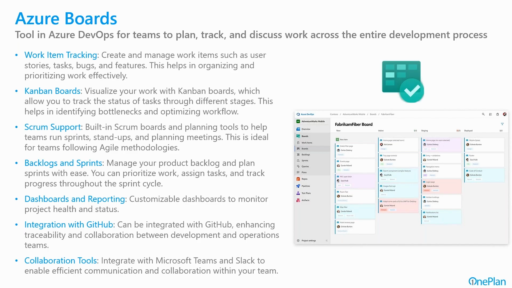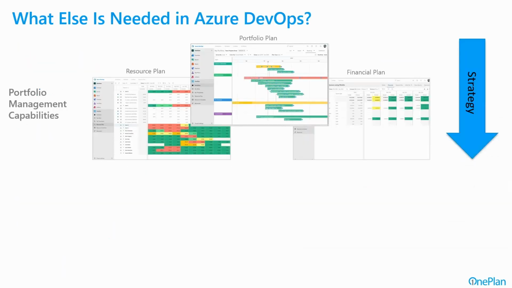So this is all great stuff, but Azure DevOps and Azure Boards stop at a certain point. This is great for individual teams and individual projects that you're working on, one by one. But what Azure DevOps really needs is portfolio management capabilities and some additional things as well.